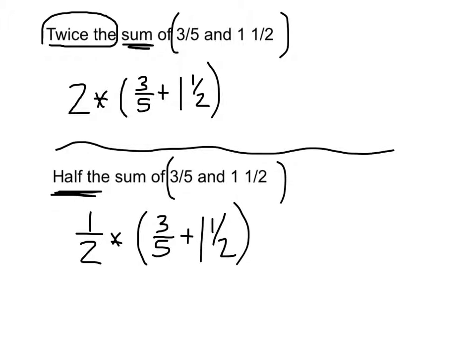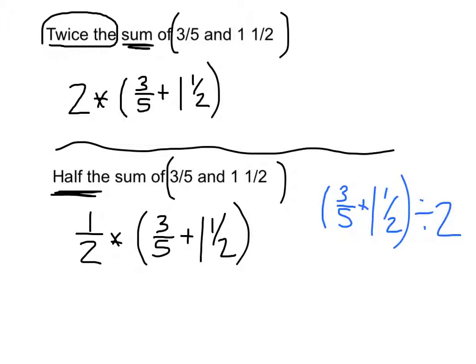Now, as often with math, there's more than one way to do this. I also could take half the sum of 3/5 and 1 1/2 by adding those numbers, 3/5 plus 1 1/2, and taking half of it is the same as dividing it into 2 parts. If I divide something in 2 parts, I'm taking half.